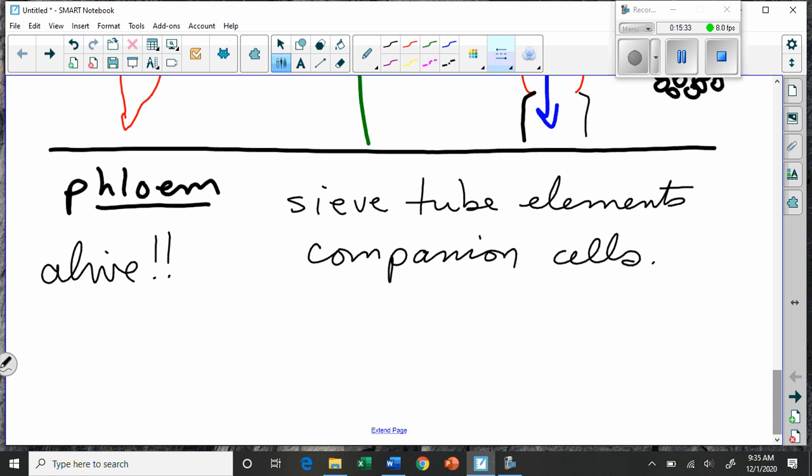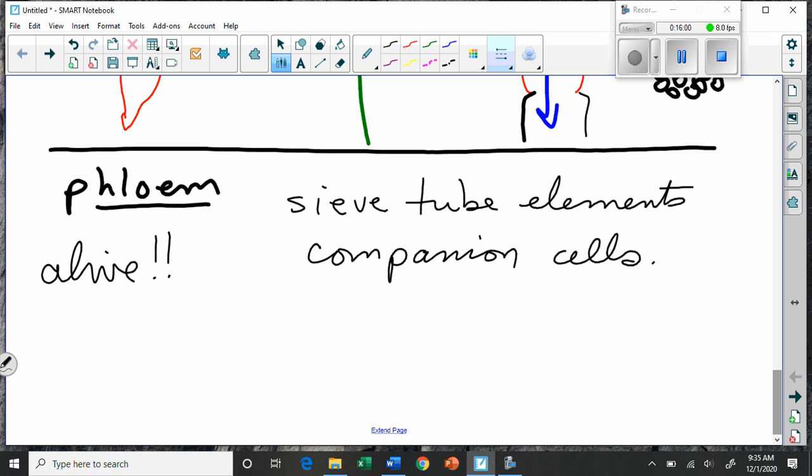These cells have to be alive because in order to move the sugar, the plant relies on active transport. Remember we talked about transport way back? It requires energy, and it has to move the sugar with active transport. Well, if something requires energy, then it has to be alive in order to put that energy in, right? And so these cells are actually alive.